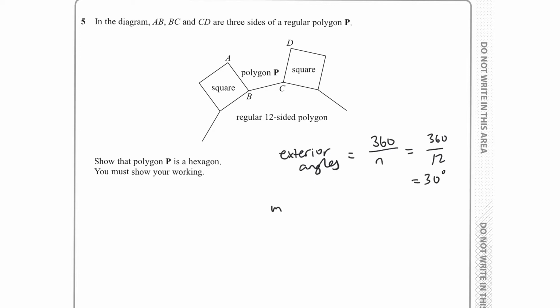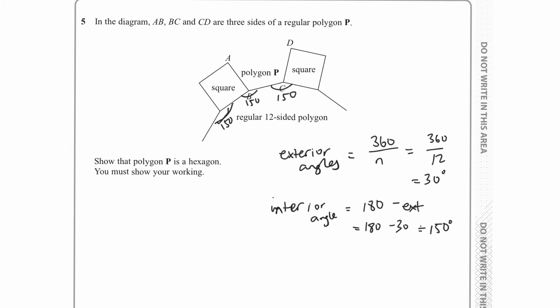To now work out the interior angle, as a recap, the interior angle of a regular shape is 180, take away your exterior angle. So that would be 180, take away 30, which would leave us with an interior angle of 150 degrees, meaning that all these angles would be 150 degrees.